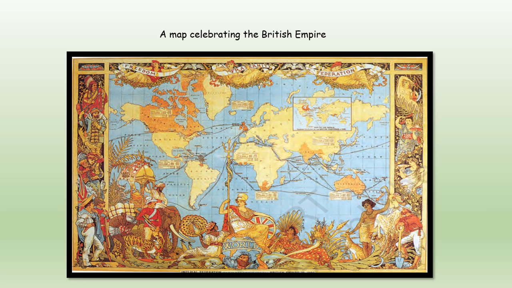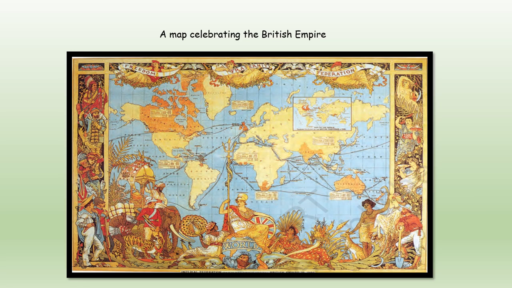On the top we see angels. Angels carrying a banner of freedom. Down we see Britannia, which is sitting on the globe, a symbol of the British nation, that it is having countries under its control throughout the world.